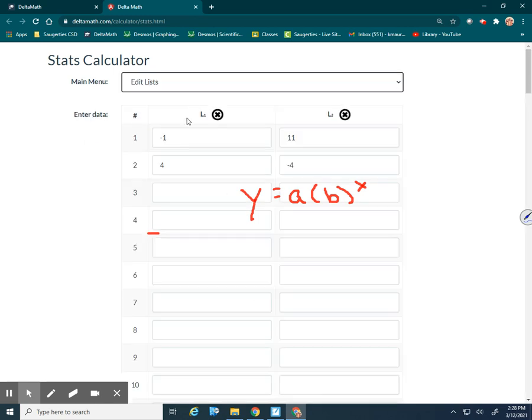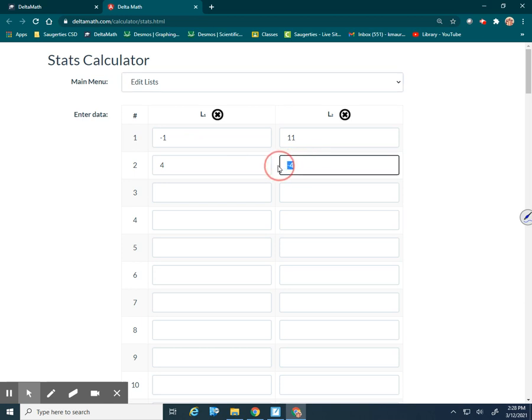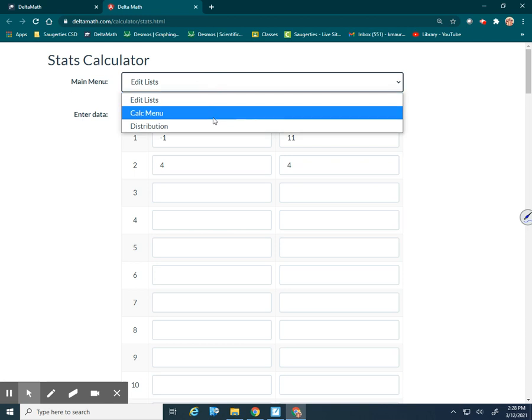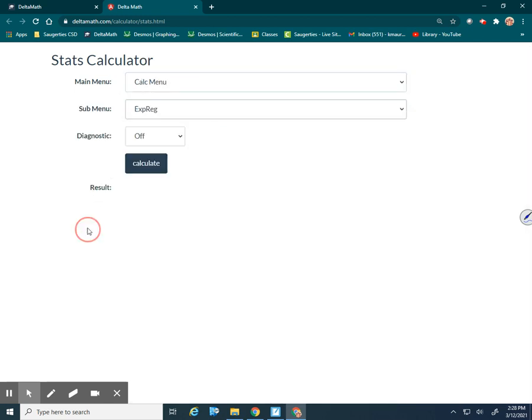Working. Hold on a sec. Oh, look at this. You know what I did? Nope, here it is. That y value is negative. It crossed the x-axis. It can't do that. So let's just change that to a positive 4. Calc. Really, you can't do that, but I'm going to change it in the problem.